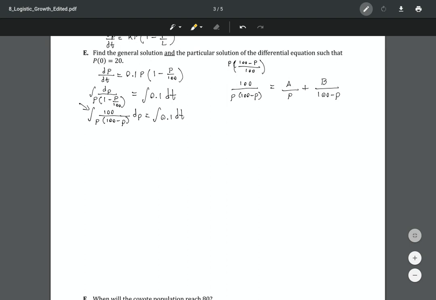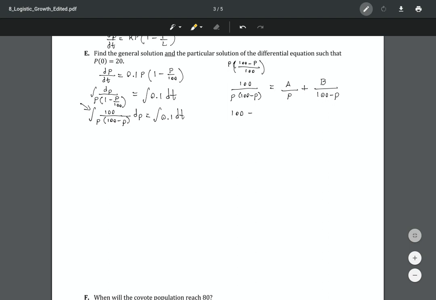All right, so here we go. So if I multiply both sides by p times 100 minus p, I would end up with 100 is equal to a times (100 minus p) plus bp.